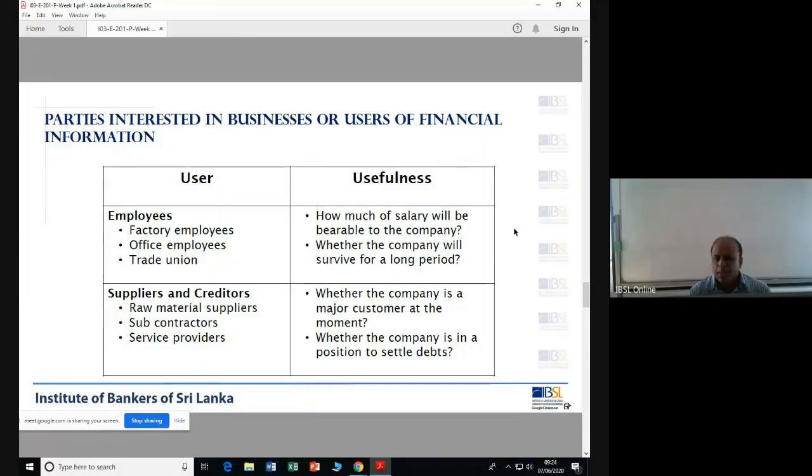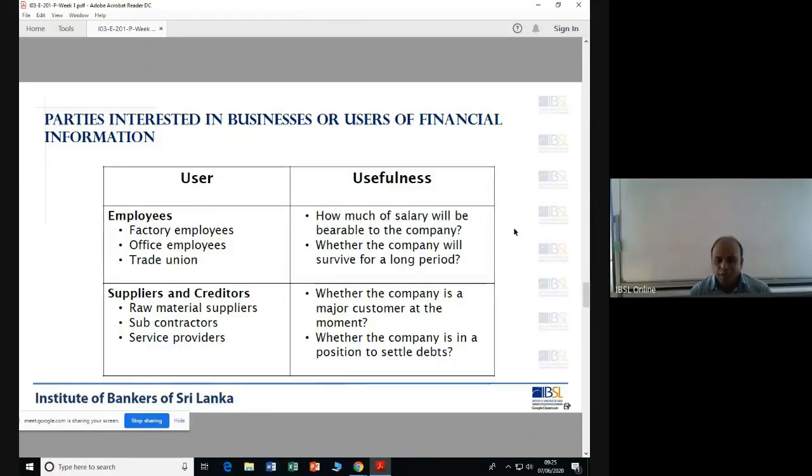Secondly, whether the company will survive for a long period. Why is that important? That is where one of you answered, to ensure your job security. So I need to know whether my job is ensured. If I am asked to leave my organization tomorrow, I'll be in trouble.